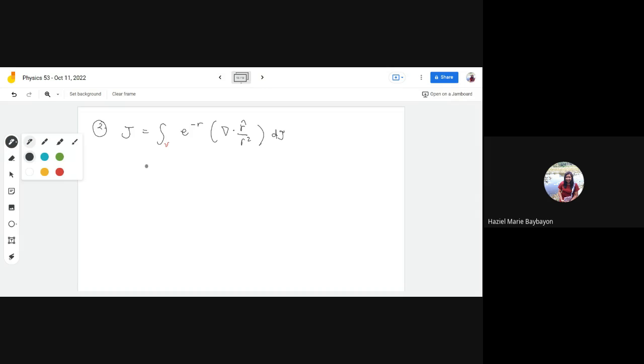It's the answer. So you have the integral of e to the negative r multiplied by 4 pi times the three-dimensional Dirac. So you have 4 pi multiplied by e to the negative 0.